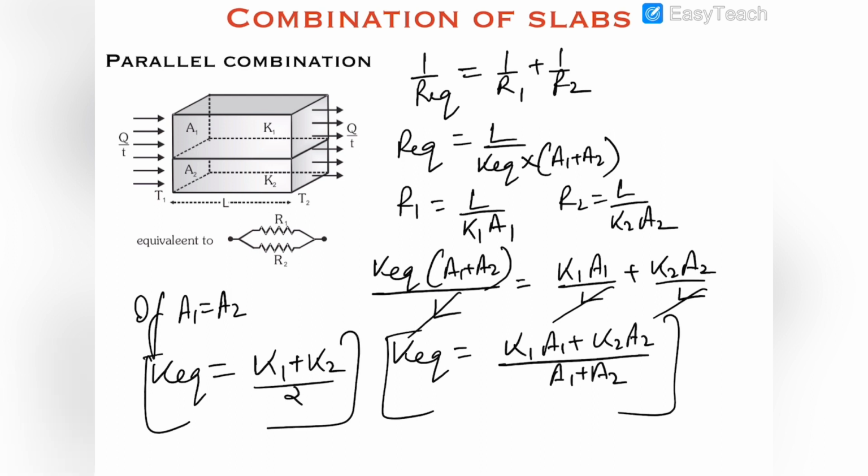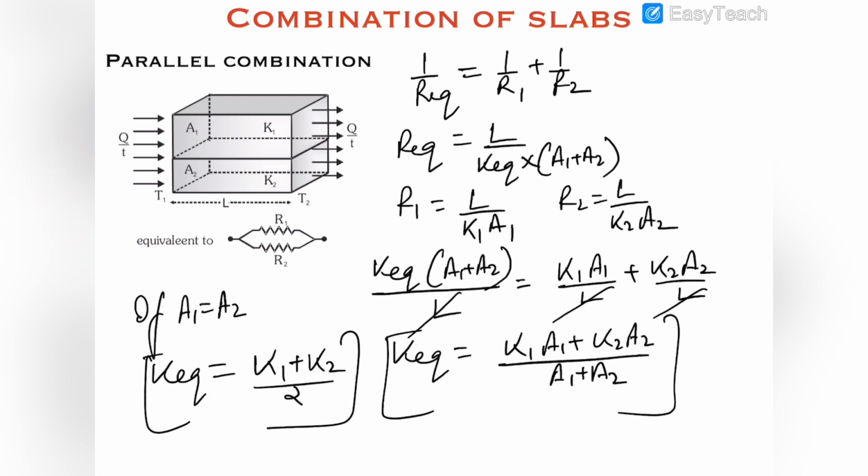So this is the parallel combination of slabs, and you can see that in parallel combination the heat current through both the slabs might be different. It is possible that the resistance of this upper slab is different and the resistance of the lower slab is different, but the temperature difference for both of them is T1 minus T2.